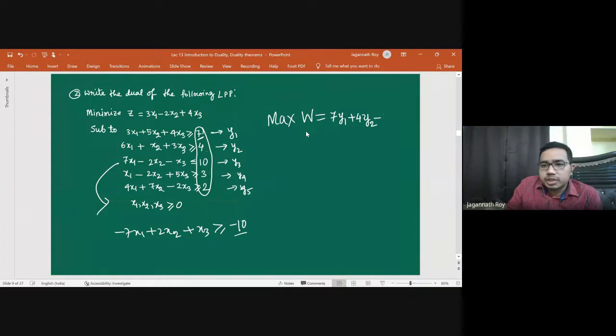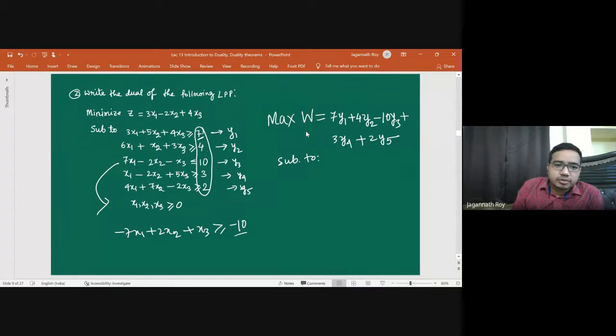So this would be minus 10y3. Then plus 3y4 and plus 2y5, subject to constraints.